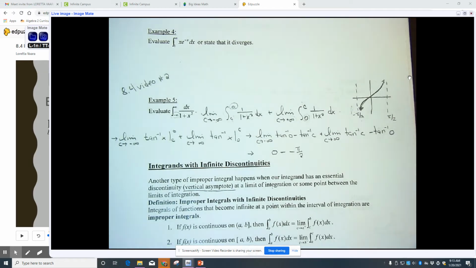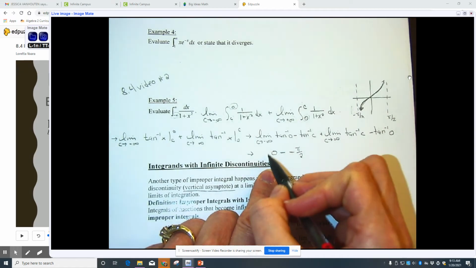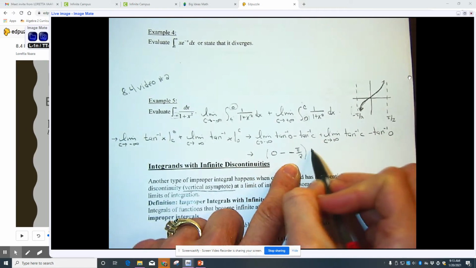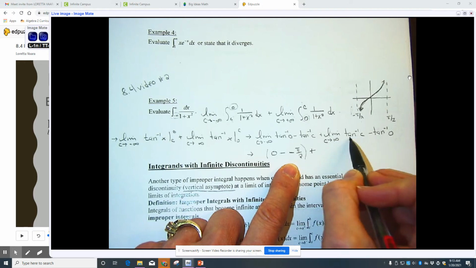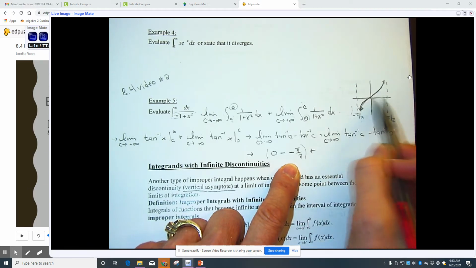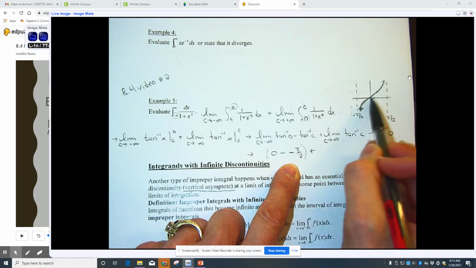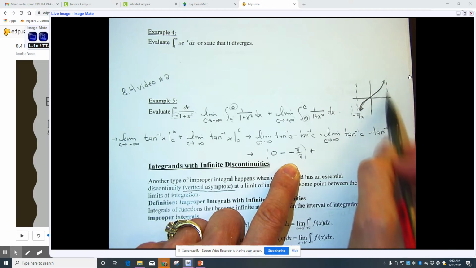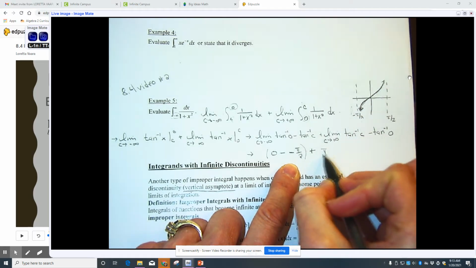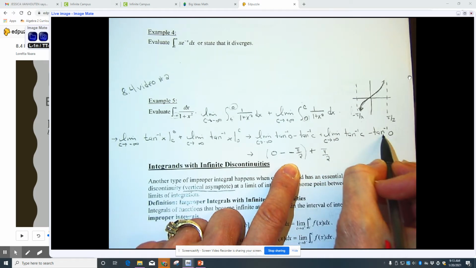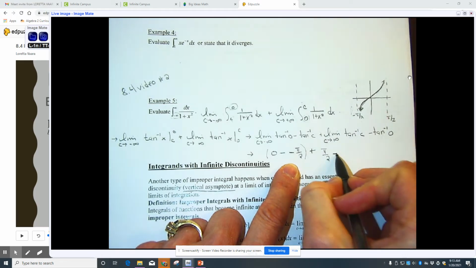Now, on the other side, I'll put this in parentheses, plus. Over here I'm doing tan inverse of C, but this time I'm on the positive side, positive x's or positive infinity. Tangent gets close to pi over 2 on the positive side, so this would be pi over 2, minus tan of 0, which is just 0.